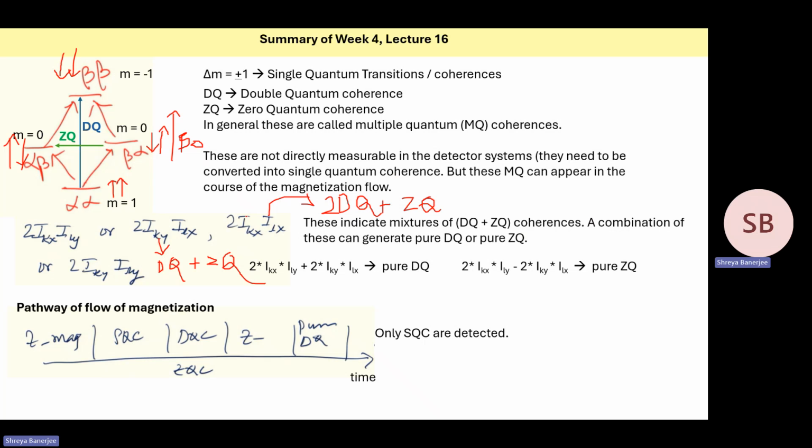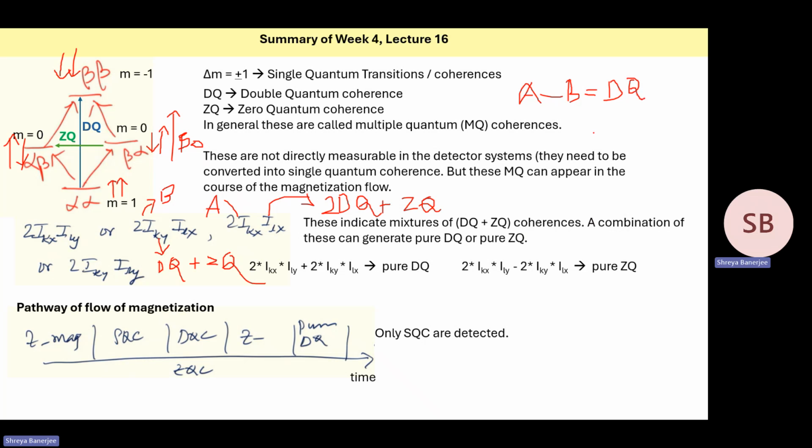If I'm calling the first term A, I'll call the second term B. Then if you do A minus B, you will get DQ, which is pure DQ.